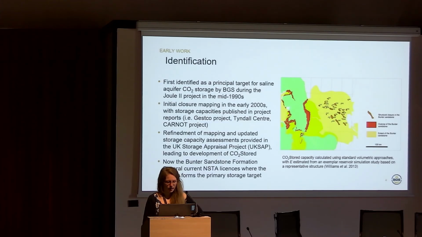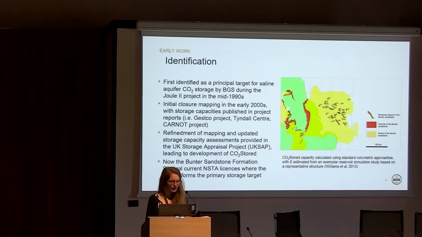I mentioned I would give a bit of the background. So some of the early work into this was completed by the BGS as part of the Geological project, which first identified the Bunter as a potential target for CO2 storage. Some initial closure mapping was done in the early 2000s, and storage capacities were published in the project reports.